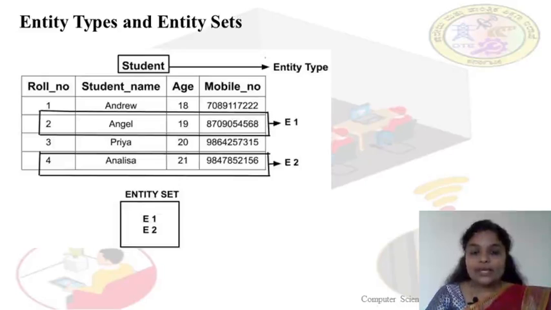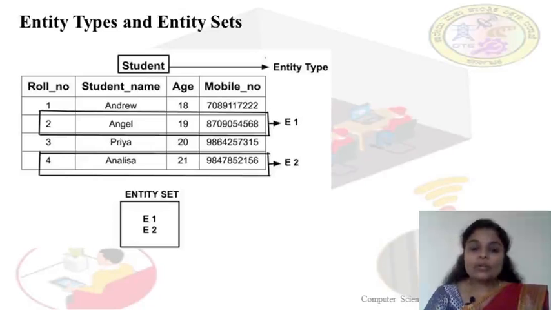The question may arise: you are calling Priya or Angel an entity, but in the ER diagram we never wrote the name of a student inside the rectangle. We used to write only student, that is the entity type.